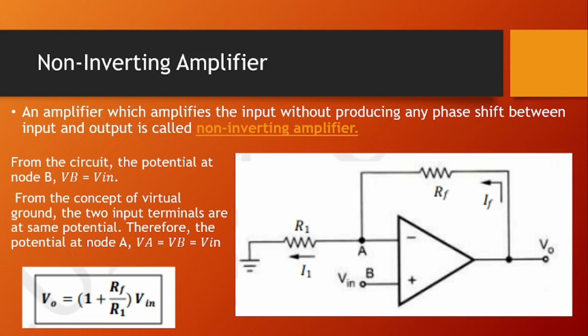From the concept of virtual ground, the two input terminals are at the same potential. Therefore, the potential at node A, VA, equals VB, which equals Vin. The formula would be Vo equals 1 plus Rf over R1 times Vin, where 1 plus Rf over R1 is called the gain of the amplifier.